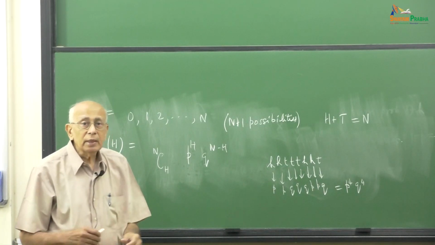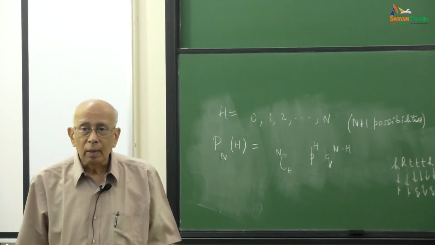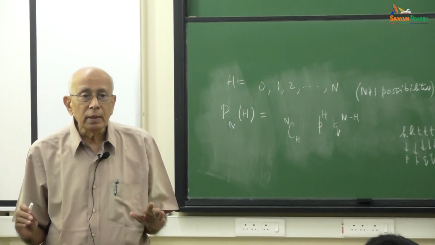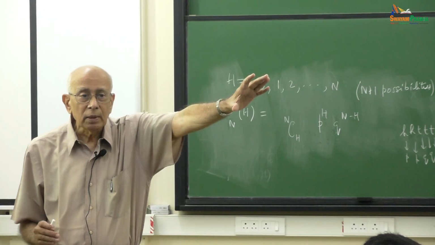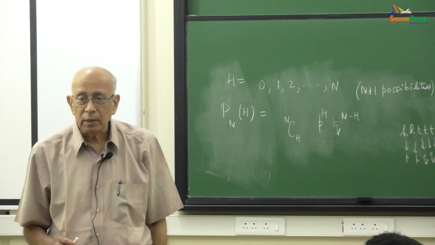The order in which these heads and tails appear, I am not asking for. I am only saying what's the total probability that you have H heads, the total probability that you have N minus H tails. That's all I am asking for.